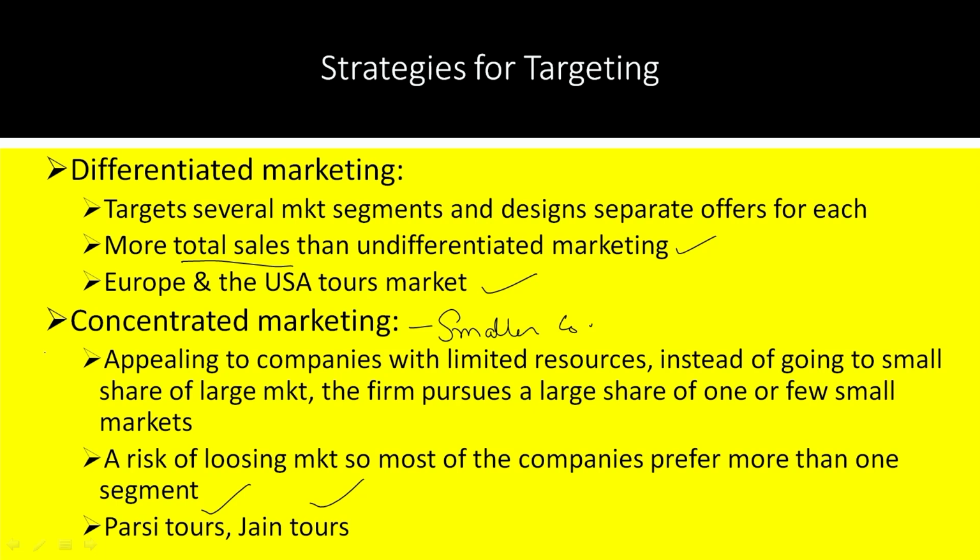So, this is called concentrated marketing: you have ignored the rest of the market, picked up a small chunk and made a product only for that, but it is a market wherein nobody else can enter. Not everybody has contacts with Parsis and Jains. So, chances of making money are very high.